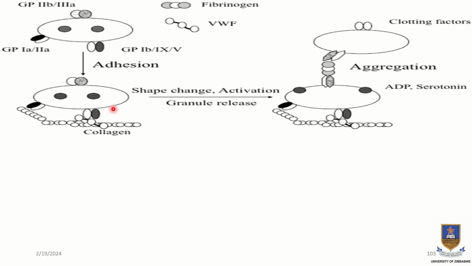So another diagram to help you understand again, we have glycoproteins on the surface of these platelets. Due to injury, they are exposed to collagen and they bind to collagen. This will lead to their shape change. As you can see, they were once circles, now they are kind of hexagonal, and it will lead to their degranulation. Can you see the granules were first contained within the platelet, now they are moving out.